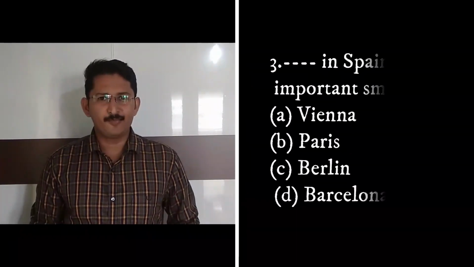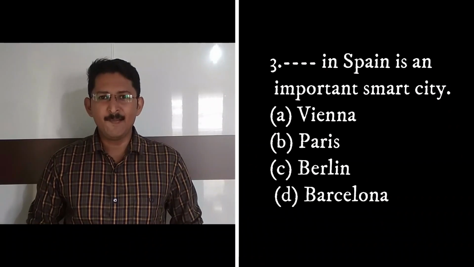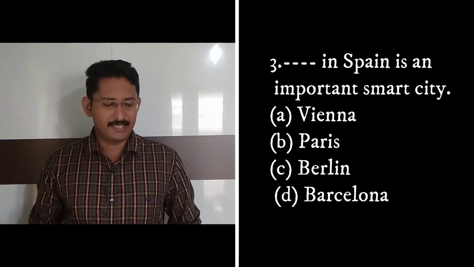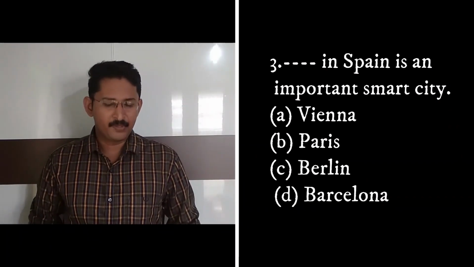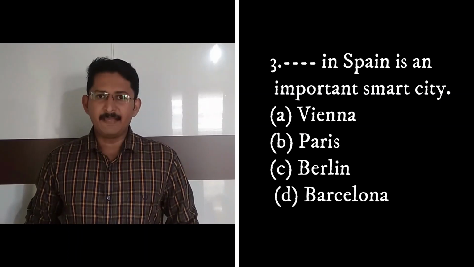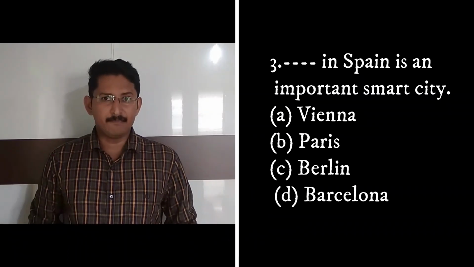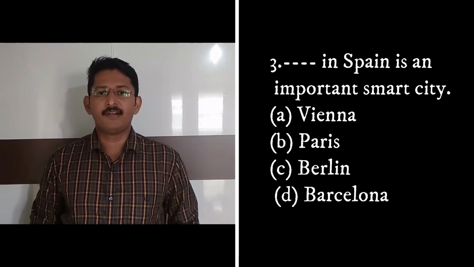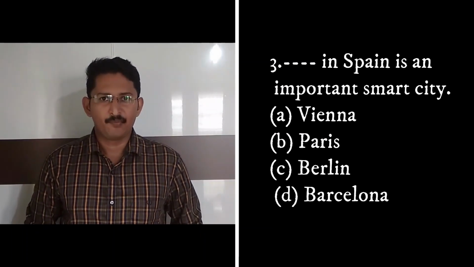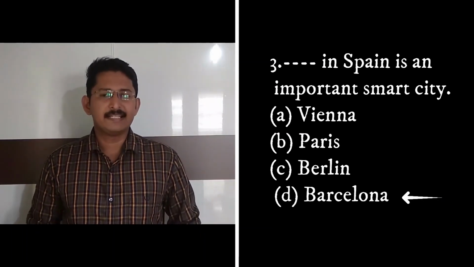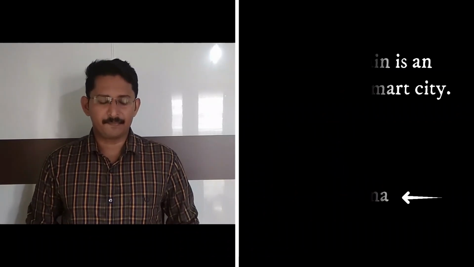Moving to the third question, dash in Spain is an important city. We have four options: A, Vienna, B, Paris, C, Berlin, and finally D, Barcelona. We all know option D, Barcelona.